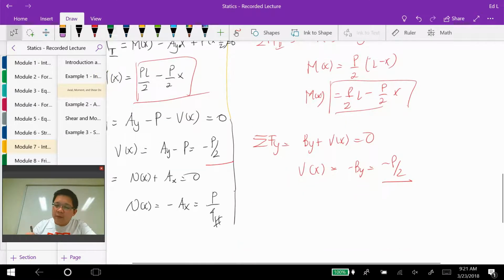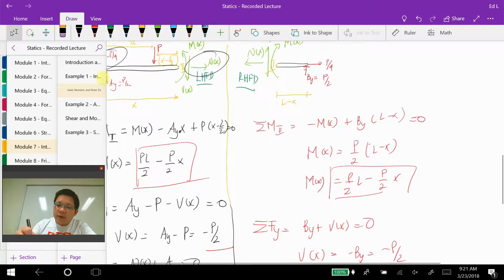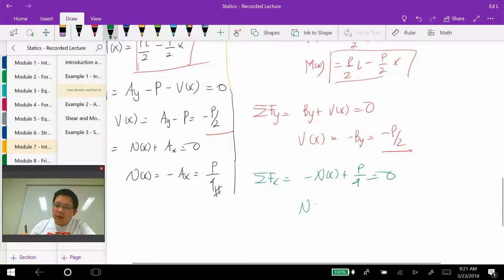And lastly, the sum of forces in x, we have negative N of x plus P over 4, so my N of x is P over 4.